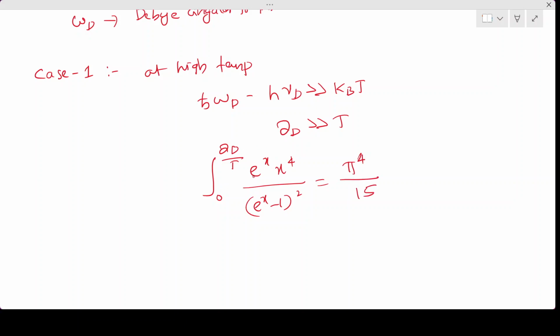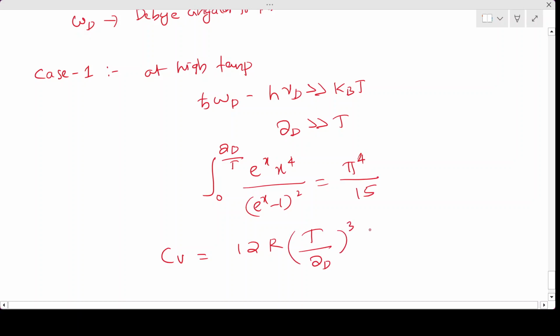So this is actually a function, and when you evaluate it, you get the value pi raised to 4. So your CV will be 12 pi raised to 4 by 5, R, (T by theta D) cube. Sorry, I am mistaken. That was the expression for low temperature.